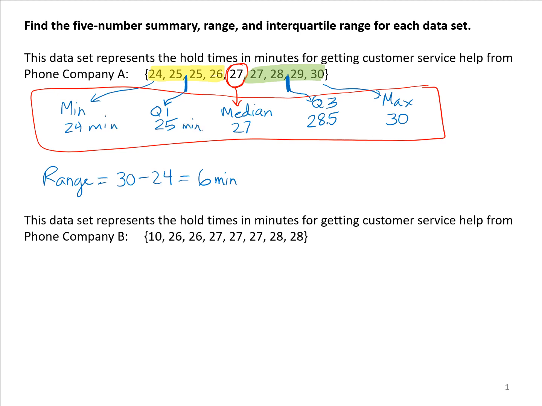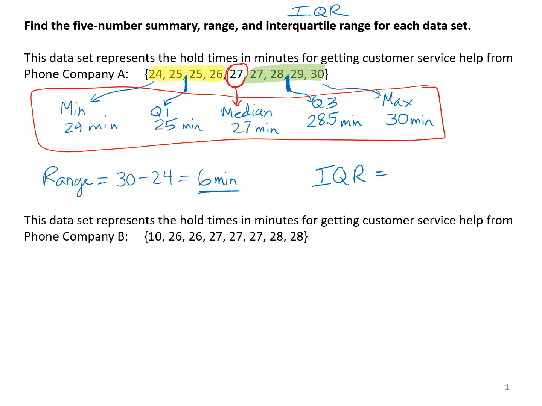So one good thing to do is to always remind yourself that these numbers have meaning. So I'll just write minutes in for each of those. So the range is 6 minutes. That means the difference between the person who waited the longest and the person who waited the shortest amount of time was 6 minutes.